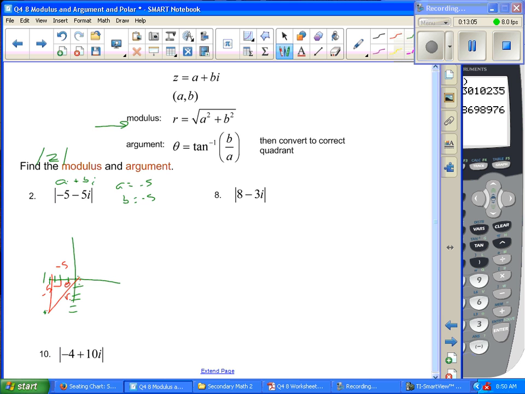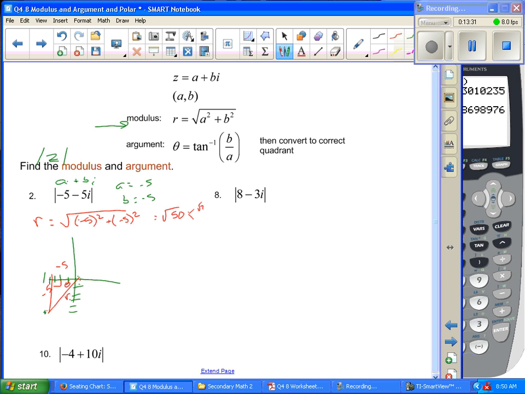So I just do the formula, R equals the square root of A squared plus B squared. So my A, negative 5 squared plus negative 5 squared, because the B was also negative 5. Negative 5 squared is 25. So I end up with 25 plus 25, which is root 50. And then root 50 has a perfect square.